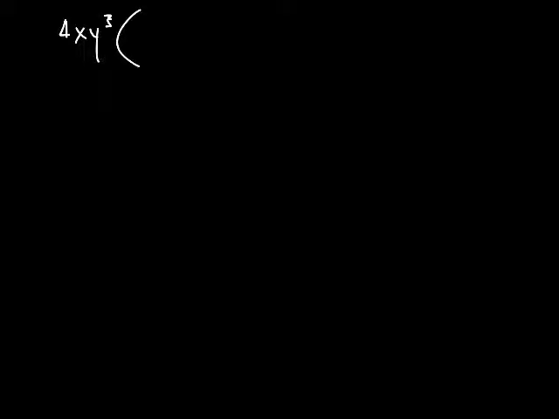Alright, let's look at the next example here, and that would be example number 27.2. And it is 4xy cubed. And we're going to multiply that by x to the fourth y minus 5x. Alright, so let's multiply that first.